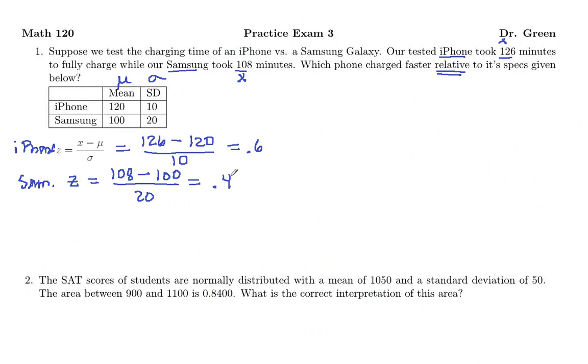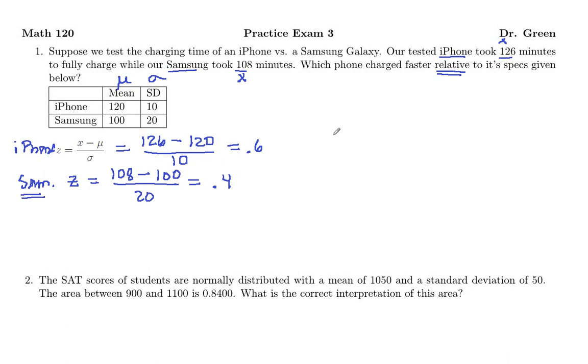Both of these are positive, and for the iPhone, the charging is 0.6 standard deviations above the mean. For the Samsung, it's 0.4. Faster is going to be a lower charging time, so that corresponds to a lower z-score. So it's going to be the Samsung here.